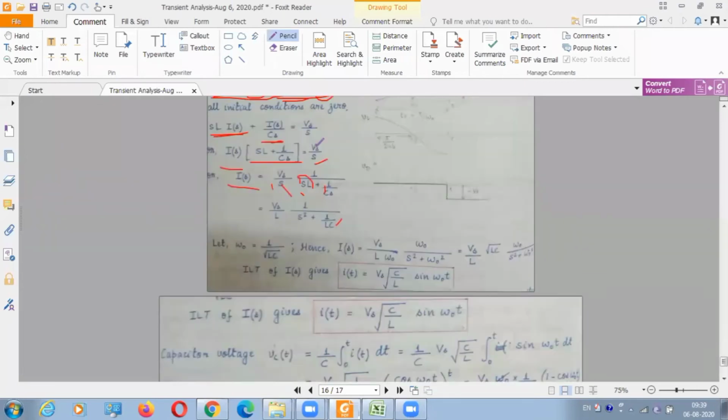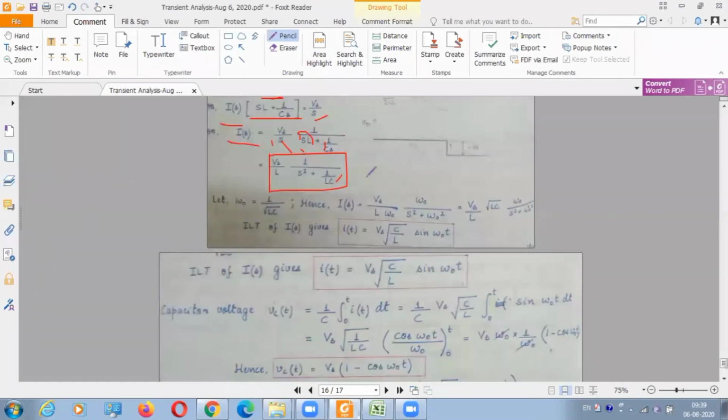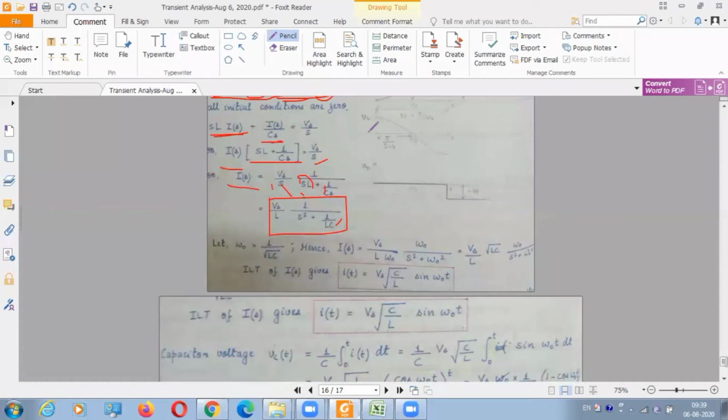Now if you go through this, you will get an equation like this: Vs by L into 1 by S square plus 1 by LC. Now, in an RLC circuit, what happens at the resonant condition? You have omega naught equal to 1 by root LC, and XL is equal to XC.